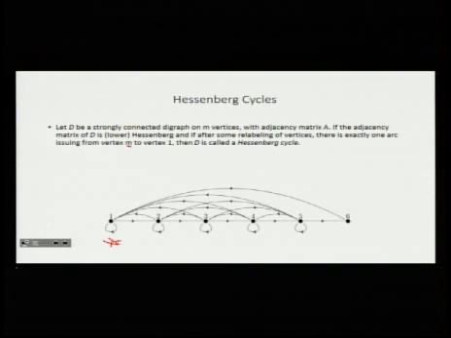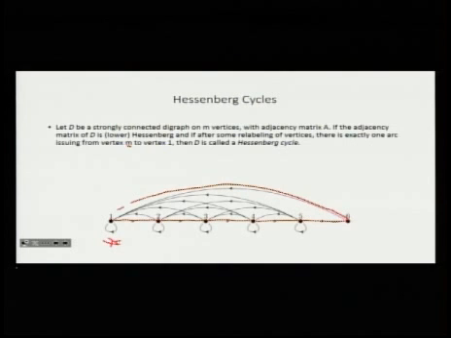A special feature of Hessenberg cycles is they always have a unique Hamiltonian cycle embedded in the chain. A Hamiltonian cycle is just a cycle that goes through every vertex in the chain. So that's an example of one Hessenberg cycle.